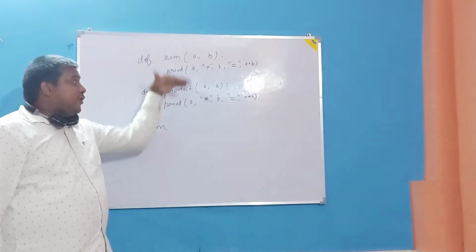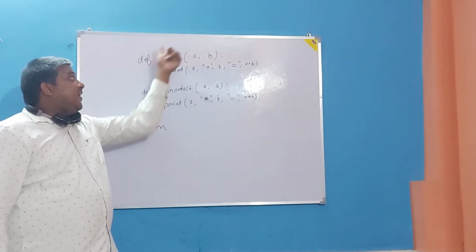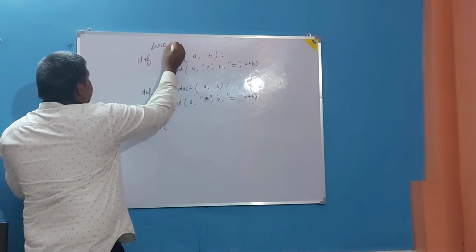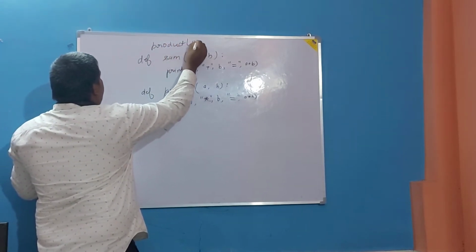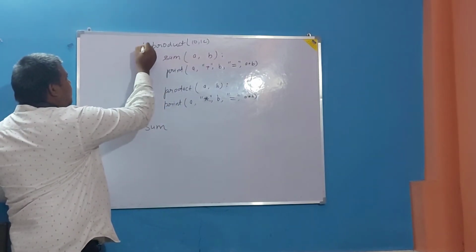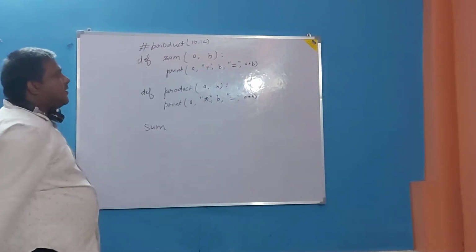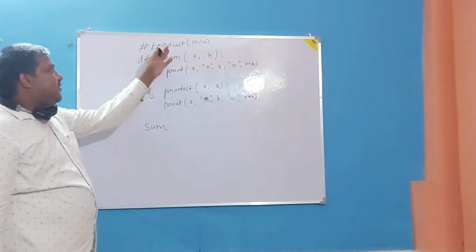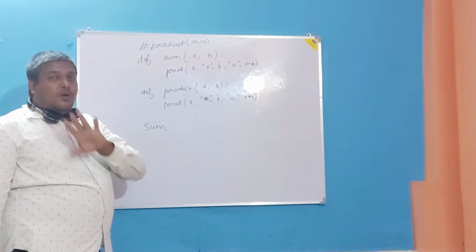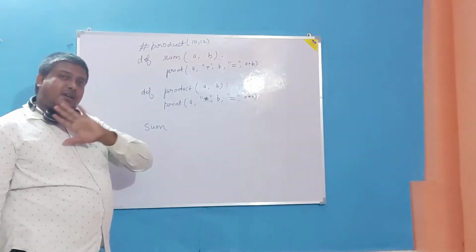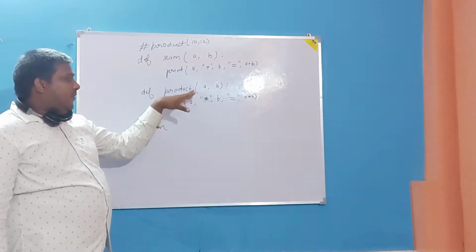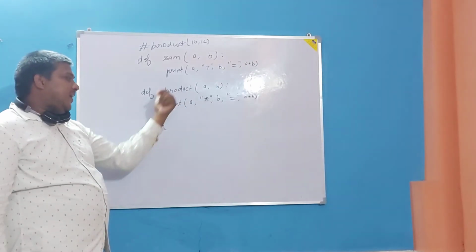We cannot call before. Suppose we write product(10, 12) before the definition and we compile; this line will produce an error, because the function is not defined before. So we can call the functions from any point only after defining them. First we define the functions, and then we call them.